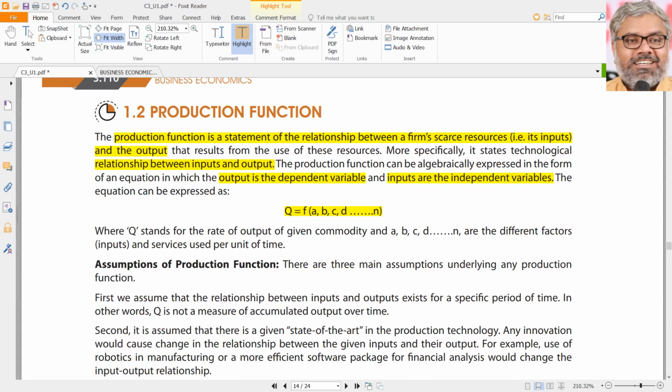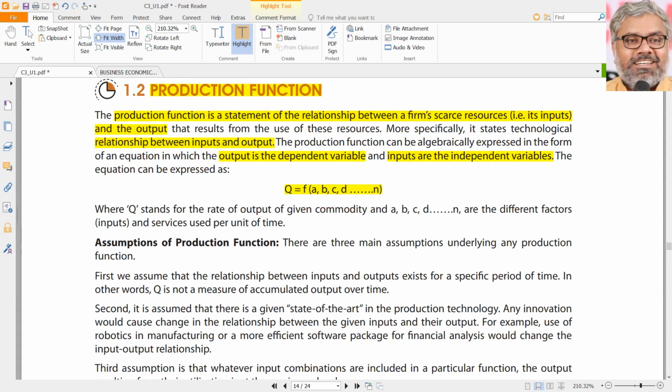yes, the output, that is Q, is dependent on many input factors, and there can be a possible expression of the relationship between the inputs and output, like Q is equal to a function of A, B, C, D, etc. That mathematical or algebraic expression is what is called the production function.